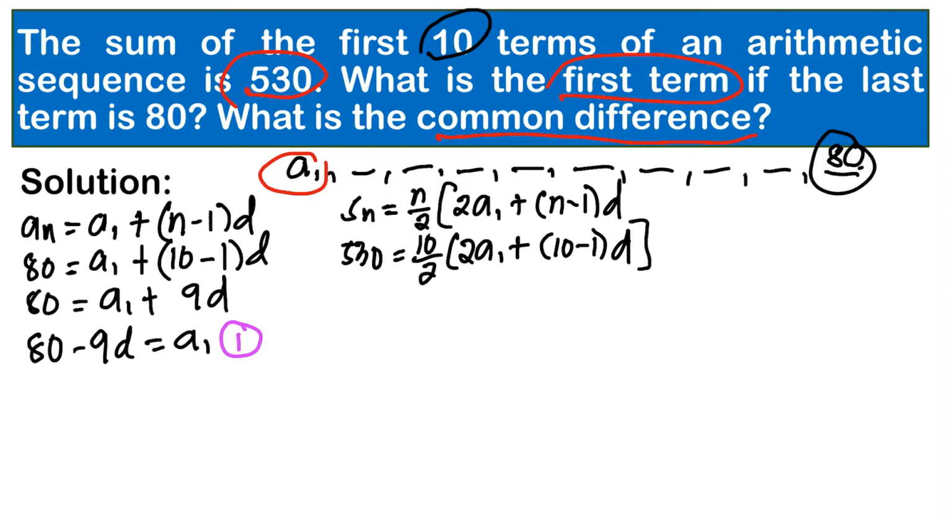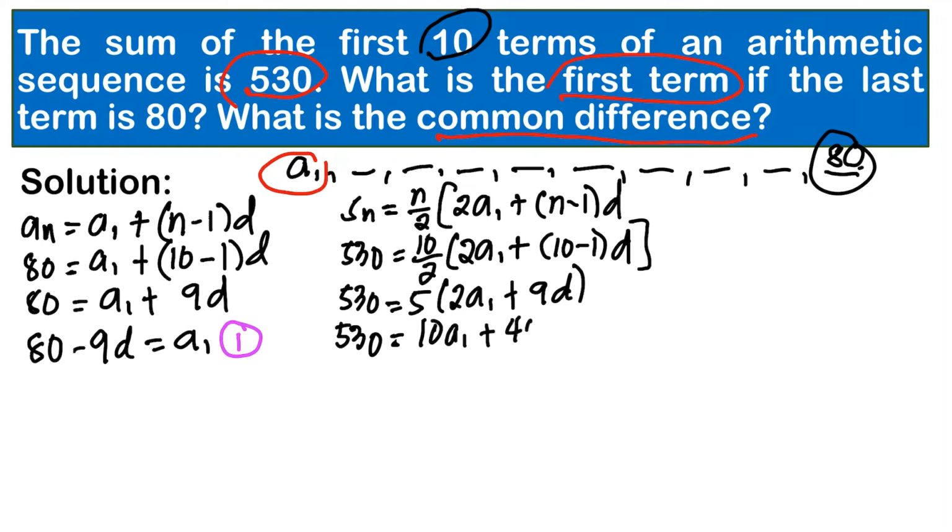Simplifying this will give us 530 equals 5 times twice the first term plus 9d. Simplifying further, 530 equals 10 times a sub 1 plus 45d.